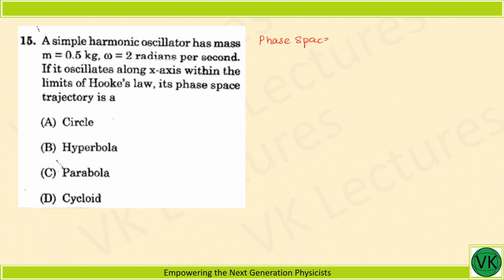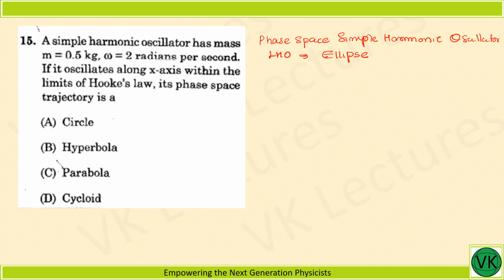For a simple harmonic oscillator, or linear harmonic oscillator, we'll write LHO, we know that the phase space is an ellipse. But looking into the options, we do not have ellipse. It's all circle, hyperbola, parabola and cycloid.